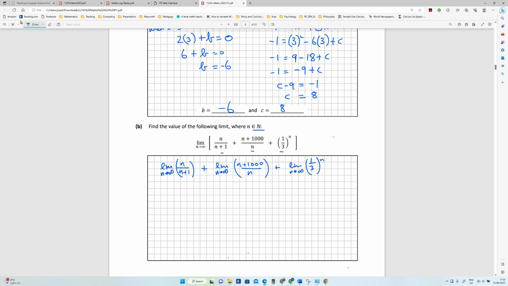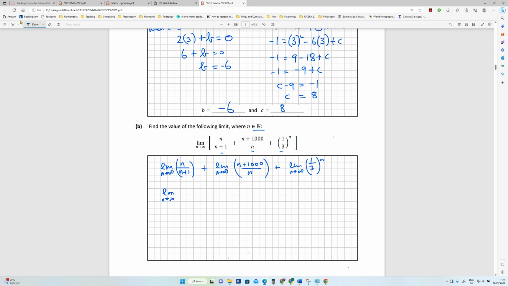Okay, so how do you do these? Well, basically you get the largest power of the variable in the denominator, which in this case is n, and you divide both top and bottom by it. So you end up getting the limit as n goes to infinity.